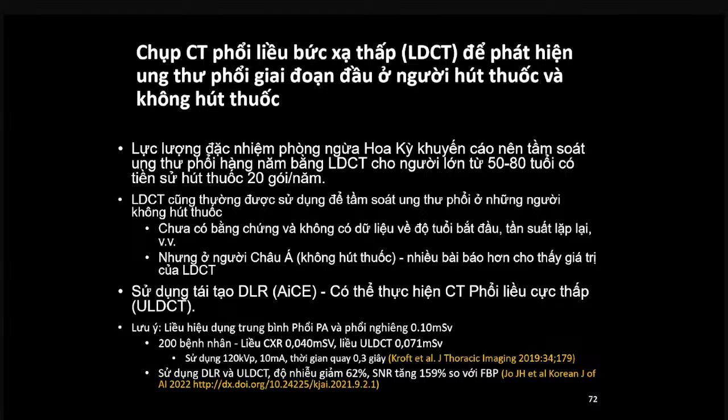In this study, using CT scanning on a Canon scanner, the ultra low dose was 0.0 millisieverts. And there's another study showing, of course, increased signal to noise and reduced noise.